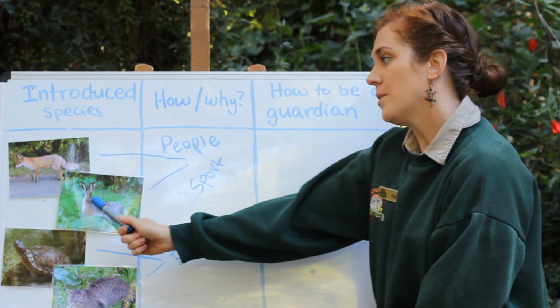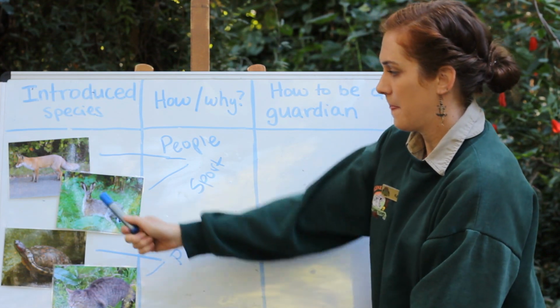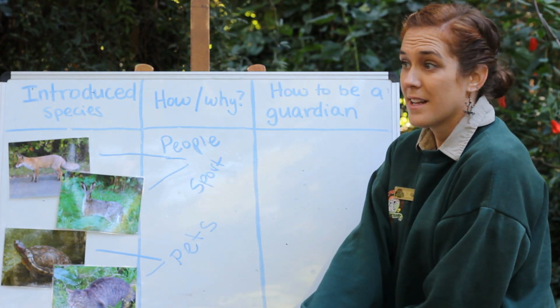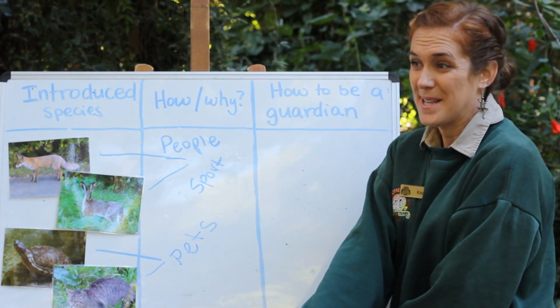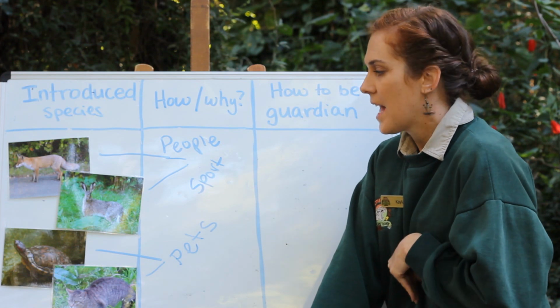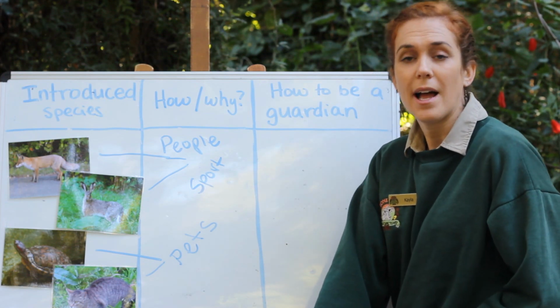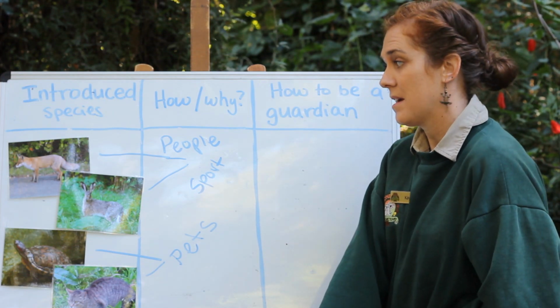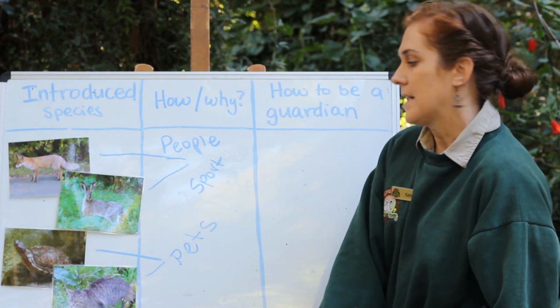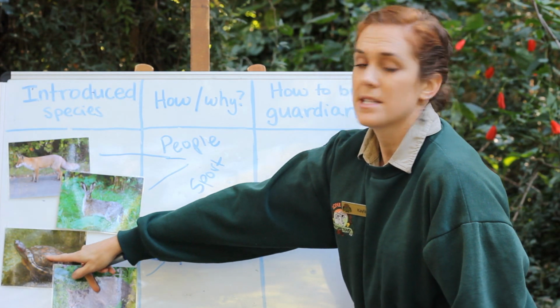But also herbivores, things like rabbits, can be problematic because they need to eat. So they'll go out and eat all of the food in an area, and they won't leave anything behind for native animals, like maybe a kangaroo or a wombat that also likes to eat grass. Same thing with red-eared slider turtles.